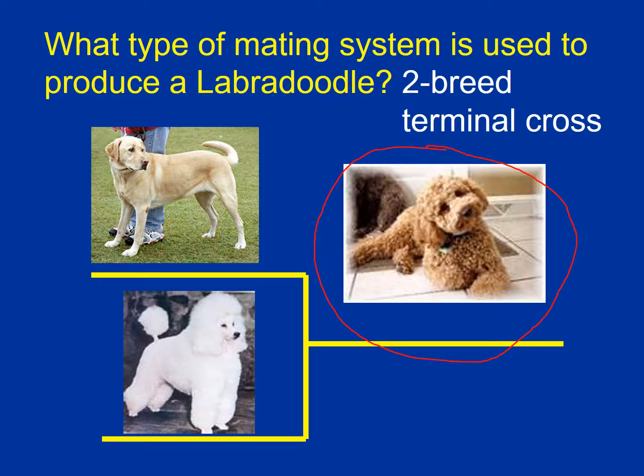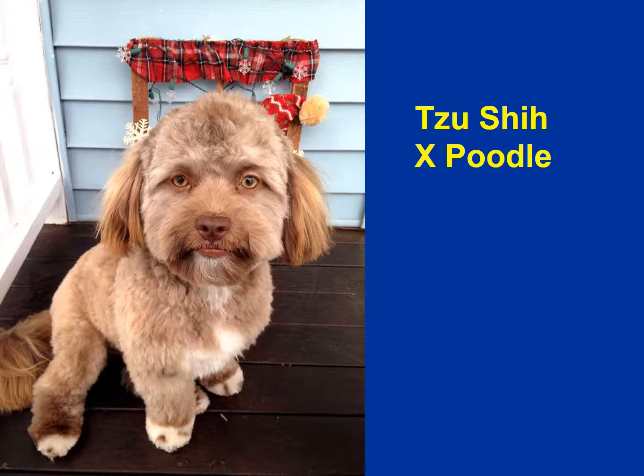So Labradoodles make excellent pets, but most people would not use them as a breeding animal. You definitely could. But if you don't, I'd call it a two-breed terminal cross or two-breed fixed cross. And people also call these designer dogs, and they do make great pets. Well, here's another example of one of those designer dogs, and I think this is somewhat of a handsome fellow here.